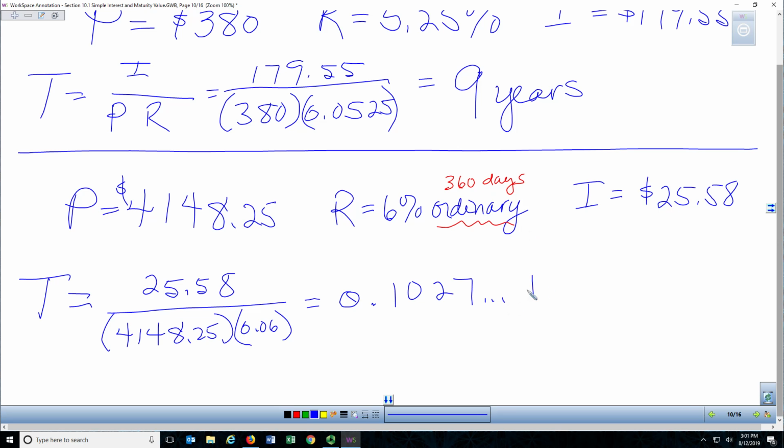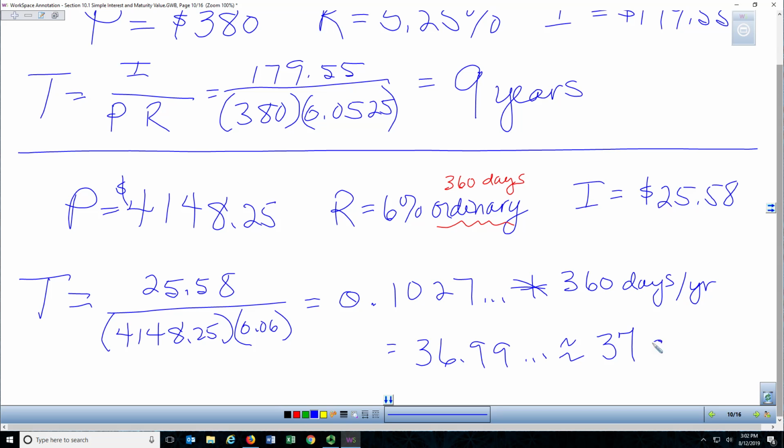So I'm going to have to multiply this by 360 days per year. And that gives me 36.99 something, and I'm going to round that to the nearest whole day, 37 days. So that is one way that you can do the problem.